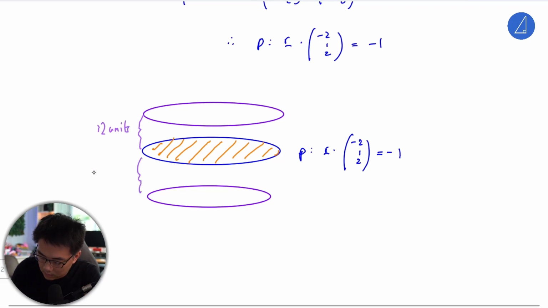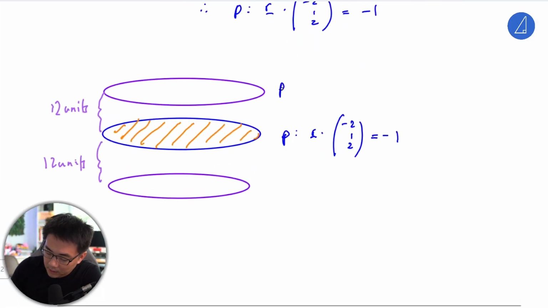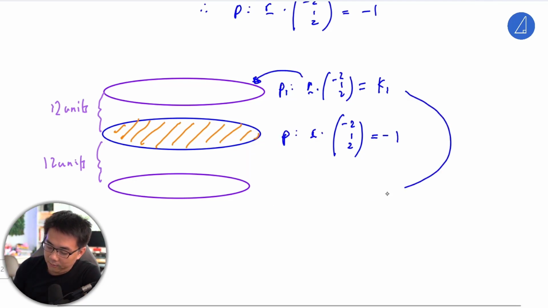This is also 12 units. The next one, this P1, obviously is r dot minus 2, 1, 2 equals, let's say, K1. You can still use K2 if you want to, but essentially they both have the same formula, right?